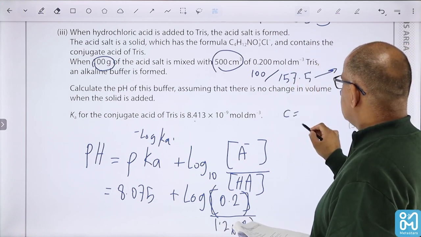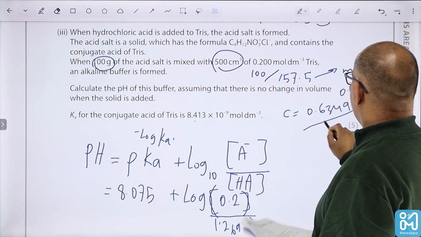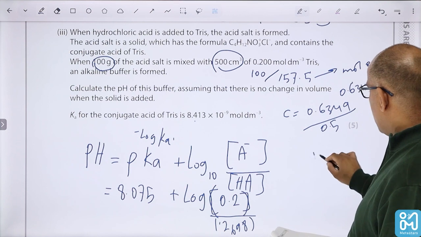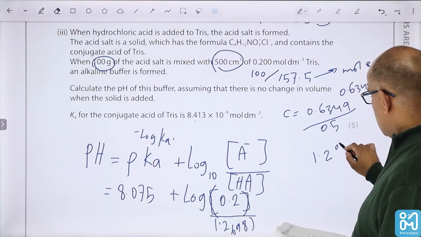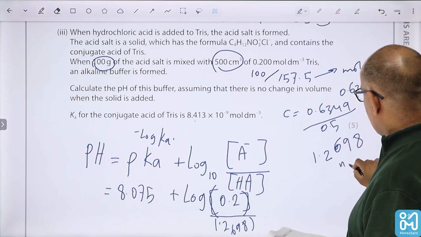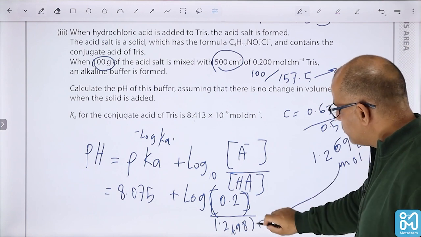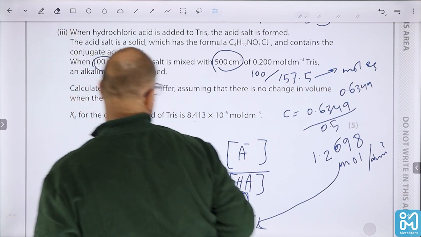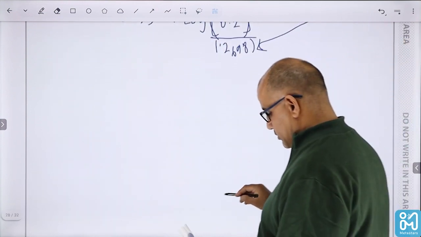So to find the concentration, it's 0.6349 over 0.5, and this will give you 1.2698 moles per cubic decimeter, and then you substitute there, and the final answer will be for the pH.